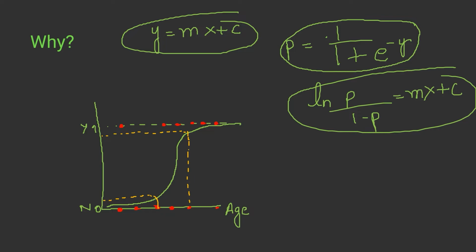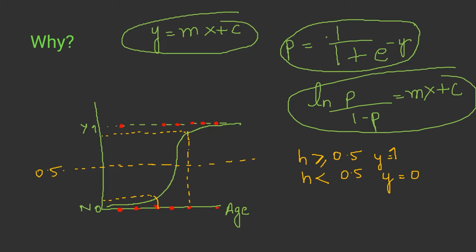Also, in the case of sigmoid, what it will return is, if our value is greater than 0.5, then the hypothesis will be 1, and if the value is less than 0.5, then the value will be 0. So this will be the boundary, that is 0.5. If the value is greater than 0.5, it will be considered 1, otherwise it will be considered 0.